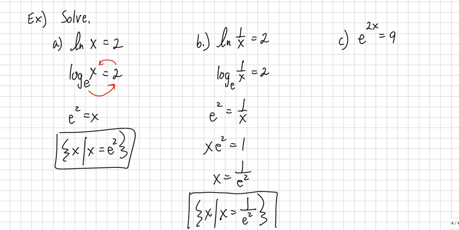Let's do one more. So this one we have an exponential equation. So e to the 2x equals 9. Well, I'm not going to be able to rewrite 9 so it has the same base as e. So let's switch it back to a log and see what happens. So it'd be log base e of 9 equals 2x. Divide by 2, or multiply by a half, would be the same thing.